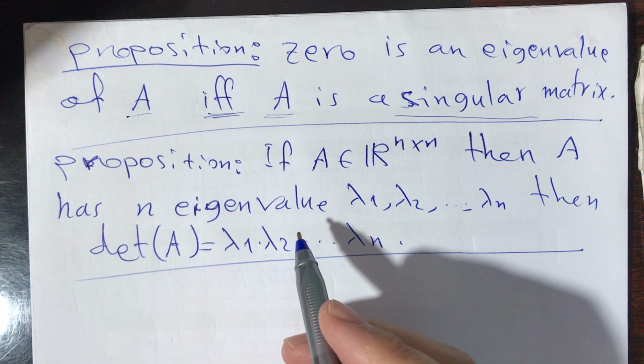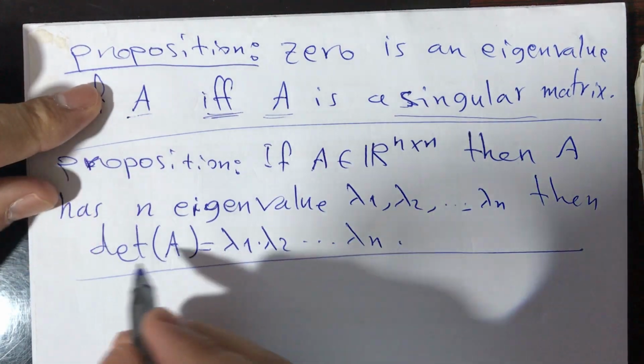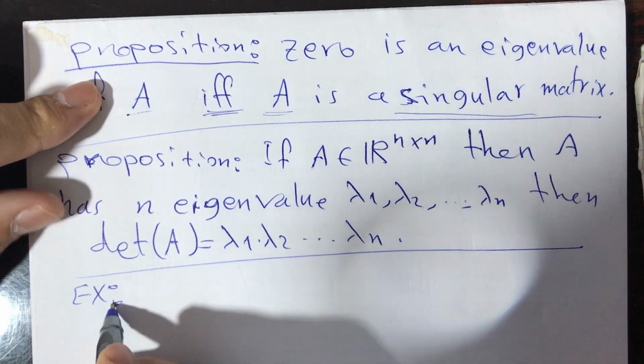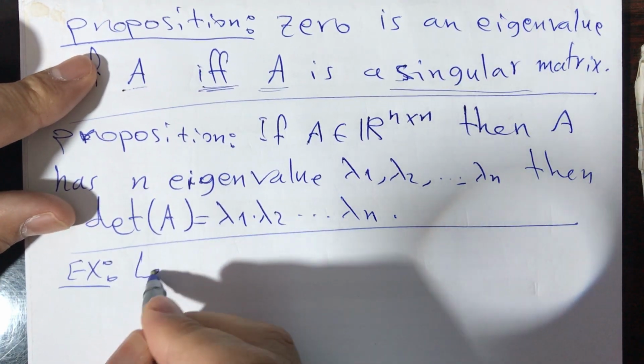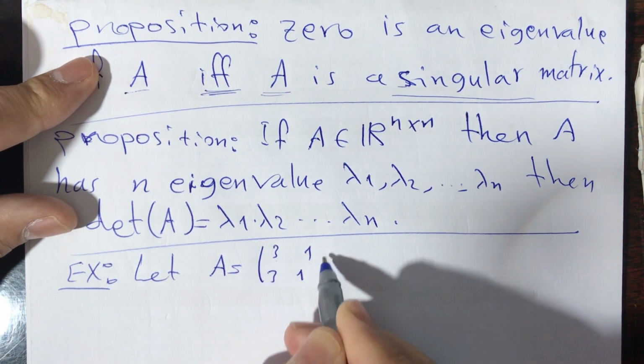Now real vectors, eigenvectors. Example: let A be equal to 3 1, 3 1.